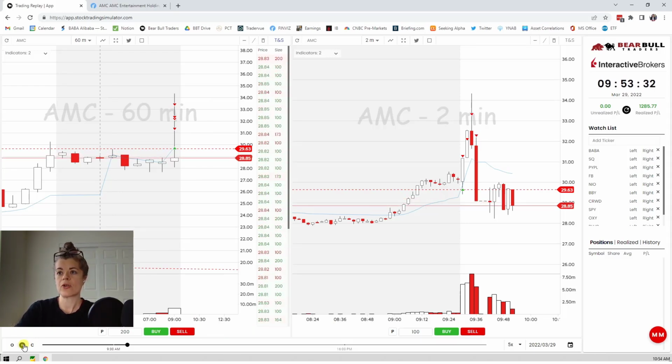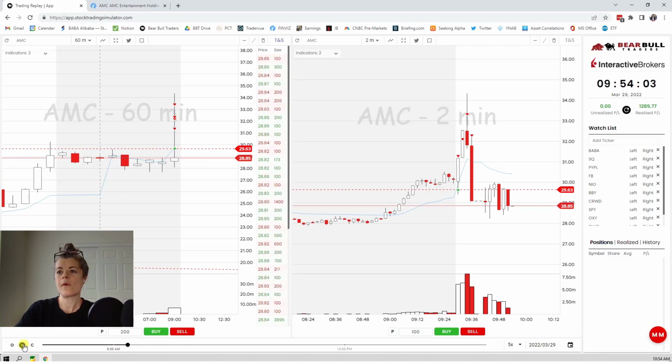Seems like it's definitely struggling to get over this level. I could set a limit order out and play it at 29.63, or I could enter in as it breaks one way or the other.